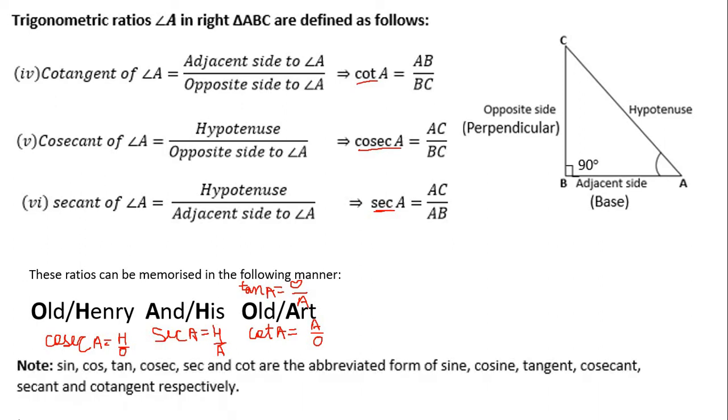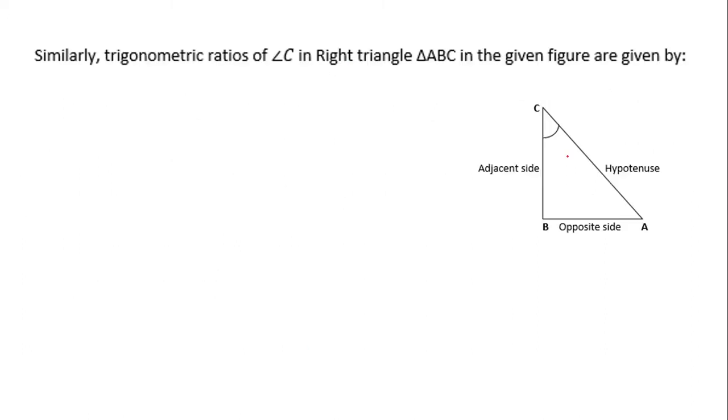So sine, cos, tan, cosec, sec and cot are the abbreviated forms of sine, cosine, tangent, cosecant, secant and cotangent respectively. So if you have a triangle and you have to define here T ratios for angle C, then how would you take?